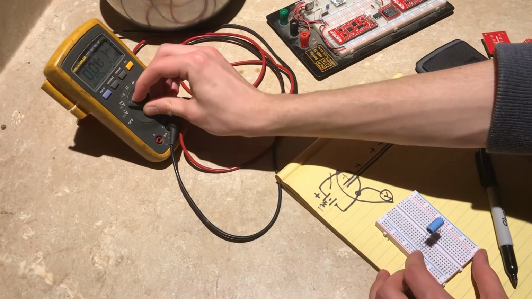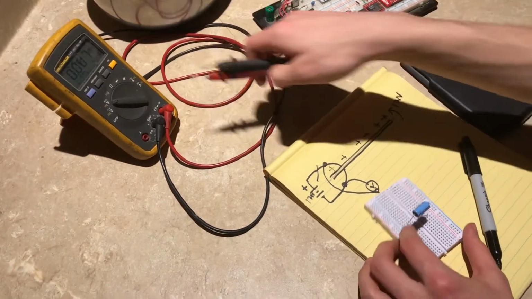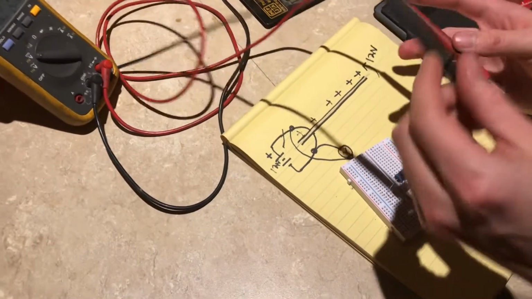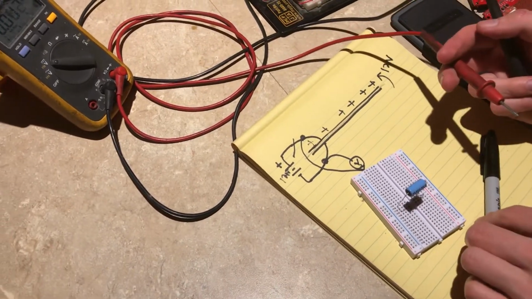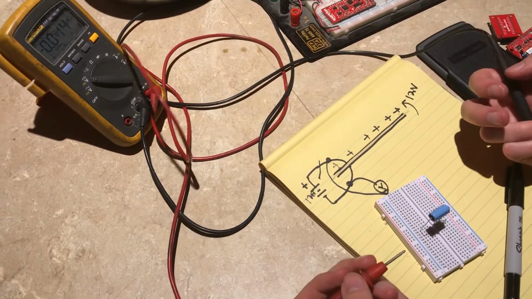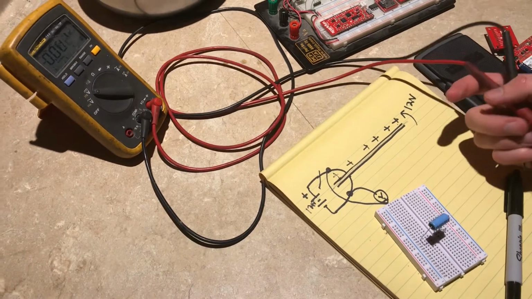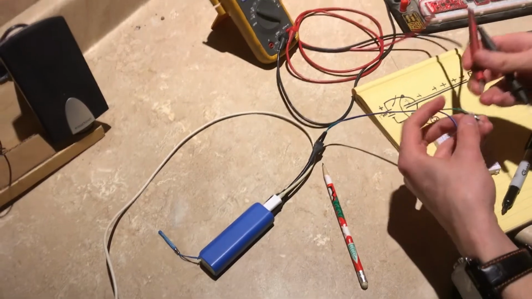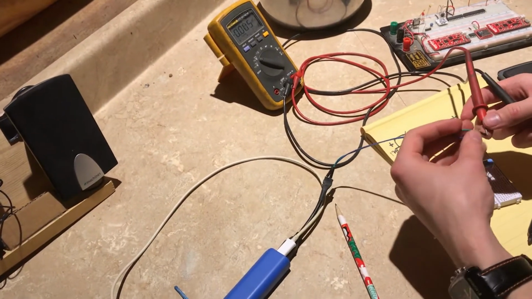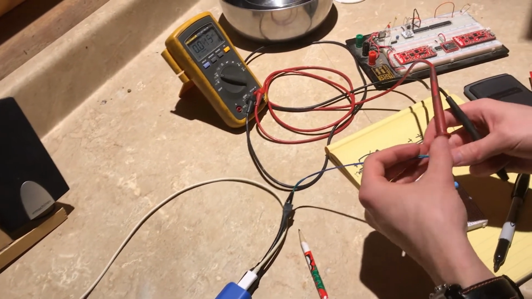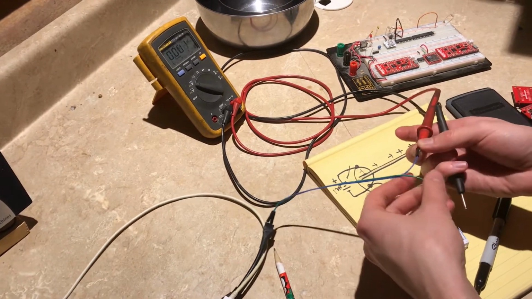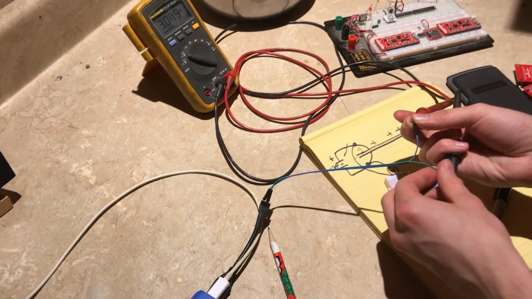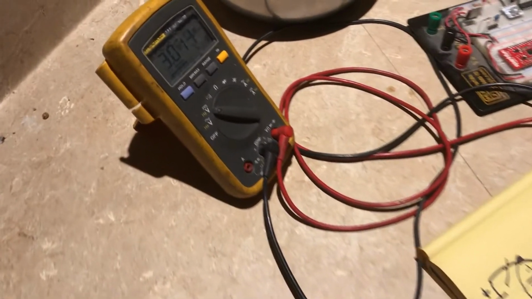Let's go to volts DC. Farad is the standard unit for measuring capacitance. Okay, so this is not 12 volts. This is not even 5 volts right now because my battery is charging. We will first check and see what it is. 3 volts.